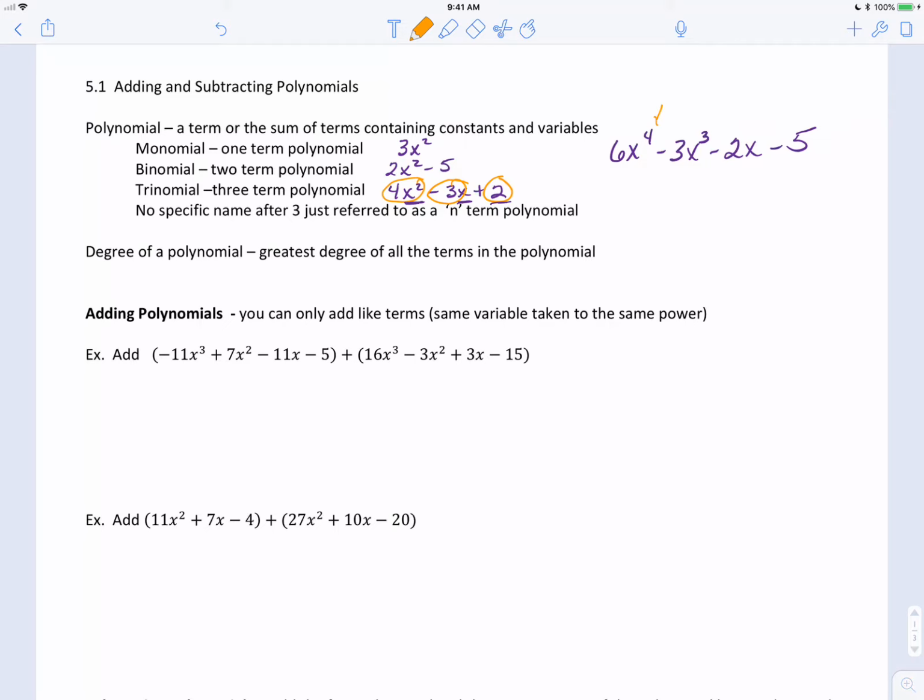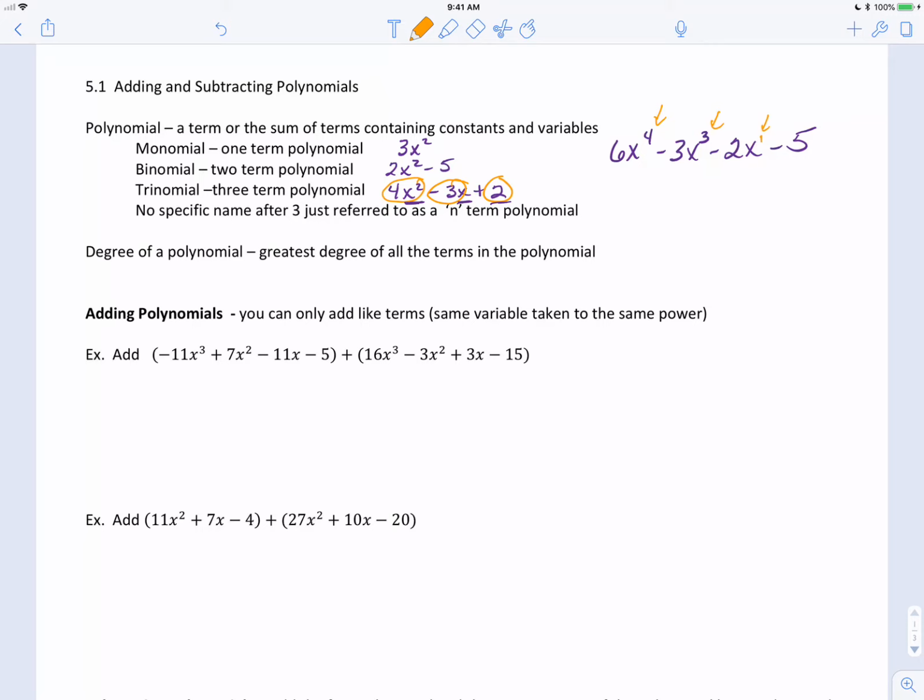So powers means the exponent. So we're at 4, then 3, then this one has an exponent of 1, and then this one doesn't have any at all, so we would say it's an exponent of 0. But they're in descending order of your exponents. That is standard form to be able to write those.